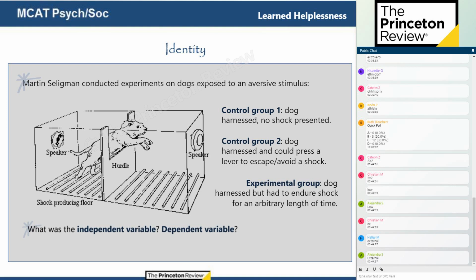So just a little quick review. What's the independent variable here? What is the thing that the experimenter is manipulating?